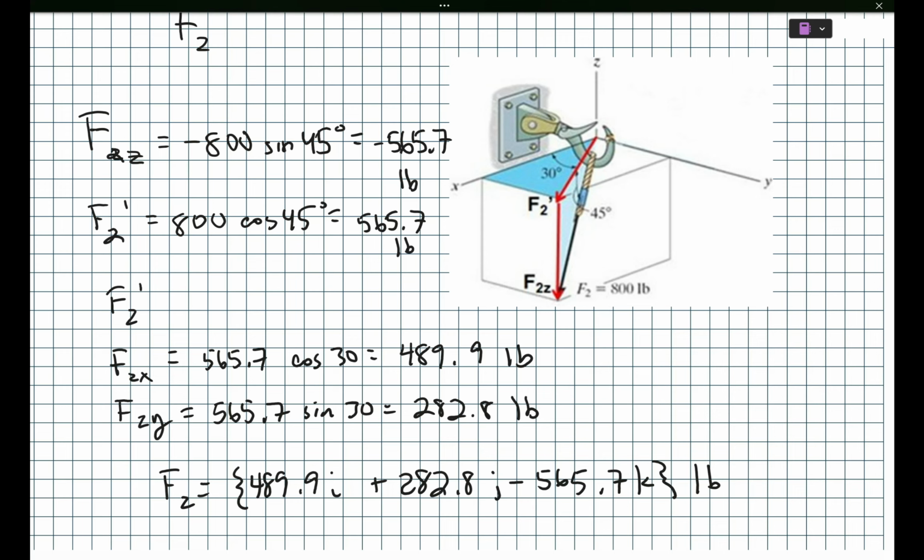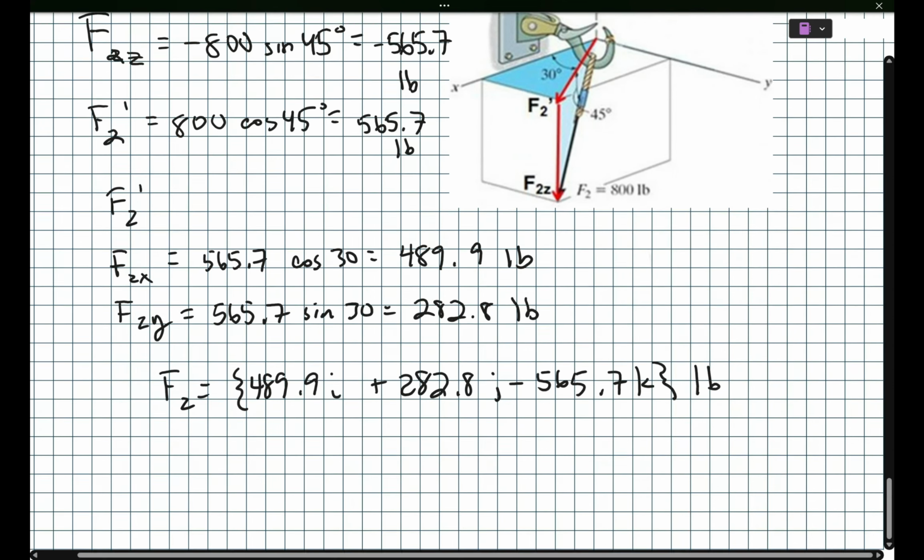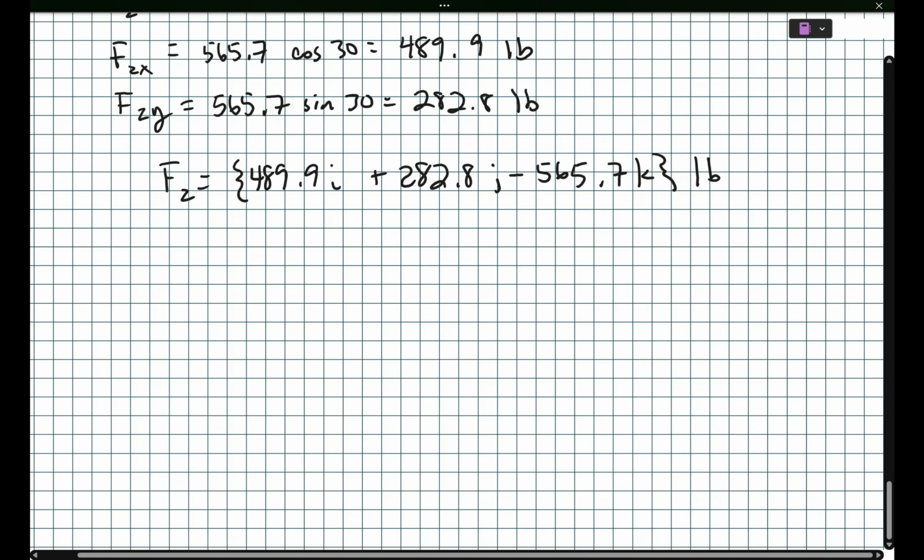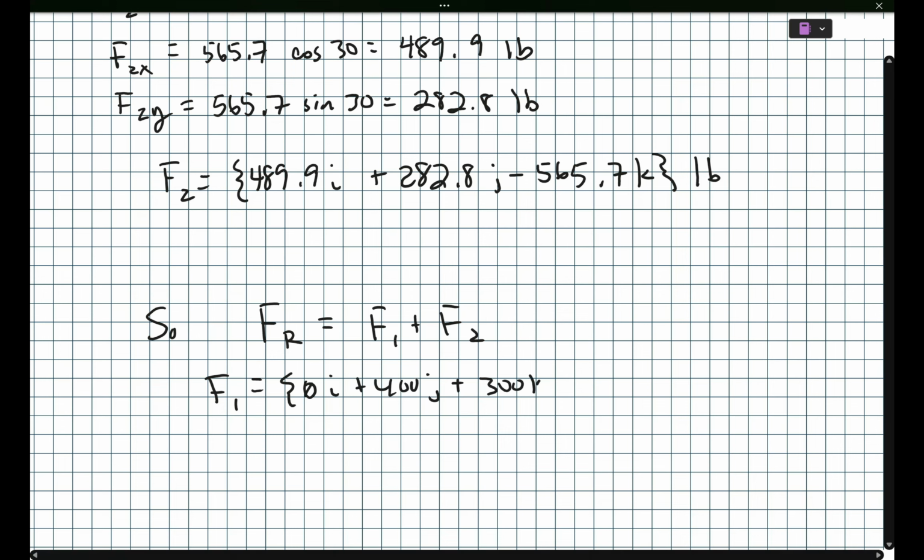Okay, and that takes us to saying that F sub r, that resultant, is just going to equal F sub 1 plus F sub 2. So F sub 1 is our 0i plus 400j plus 300k pounds.